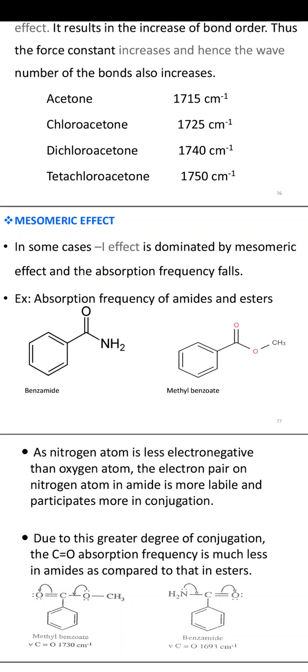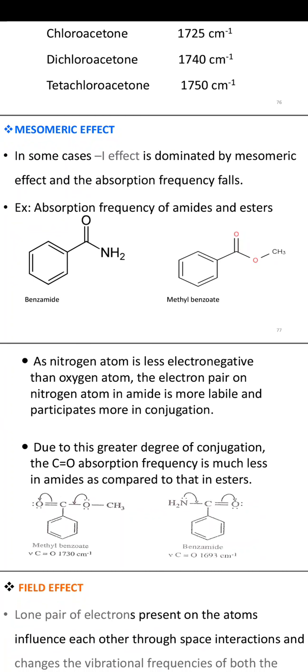Now when you compare the oxygen and nitrogen atoms, the nitrogen atom is less electronegative than the oxygen atom, so the electron pair of the nitrogen atom is more liable to participate in conjugation. Because of the greater degree of conjugation, the C=O absorption frequency will be decreased compared to the ester, as you can see in the figure.